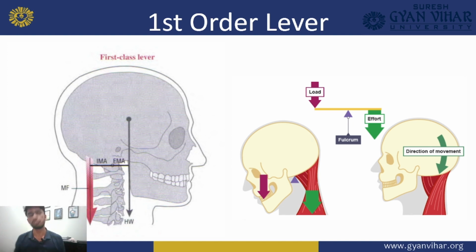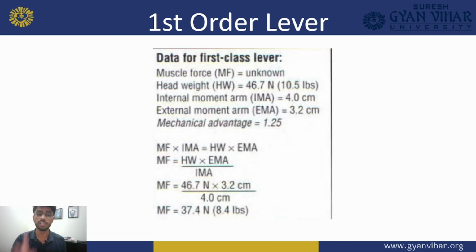And we also know that the formula of torque is force into moment arm. So muscle force (MF) into internal moment arm is equal to head weight, which is the force by the load, into external moment arm, because the head is in equilibrium. It is not moving down or moving up, right?